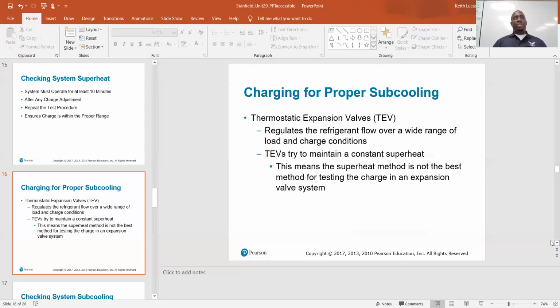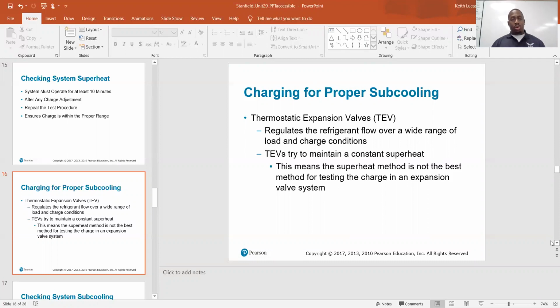So TXVs or TEVs, they modulate. Depending on the load on the evaporator, basically the more heat going across that evaporator, the quicker it's going to boil off the refrigerant, the more the TXV is going to open up to let more liquid come in so that it's not boiling off too fast.